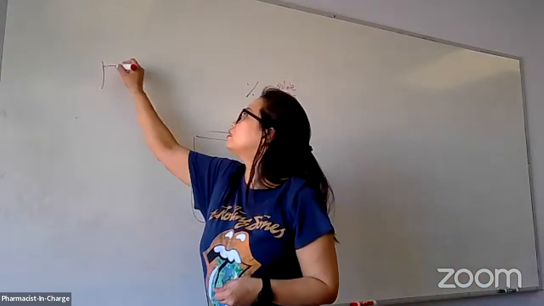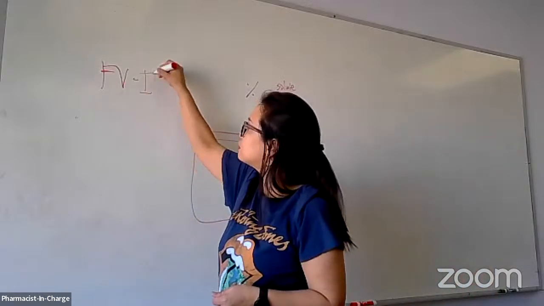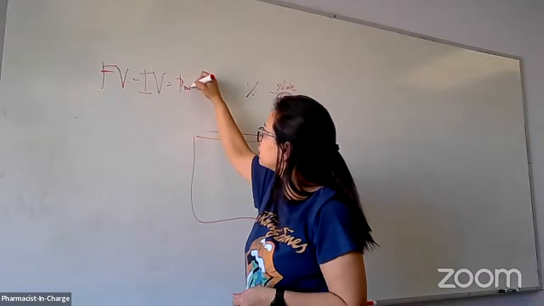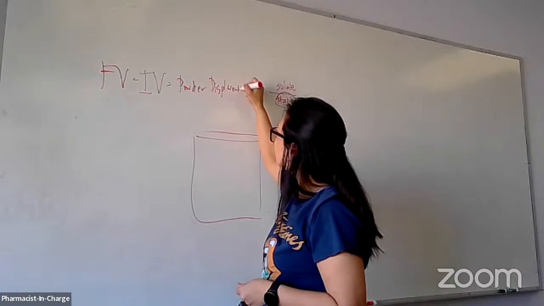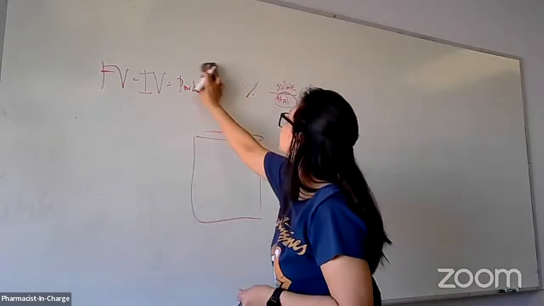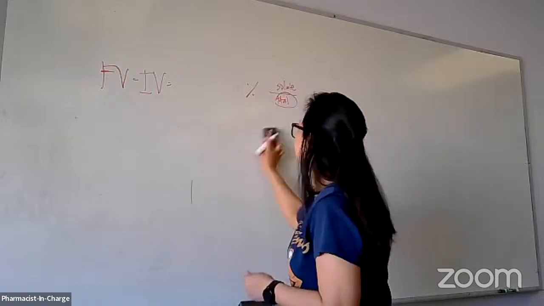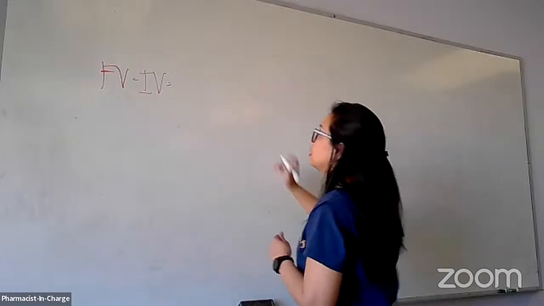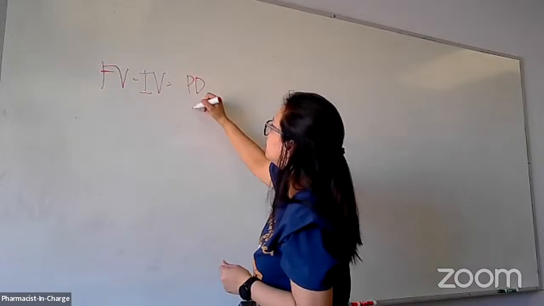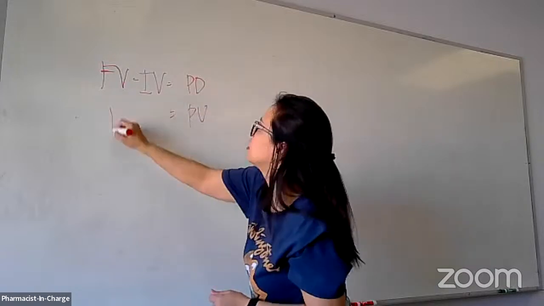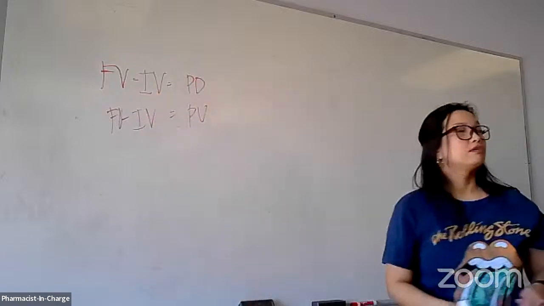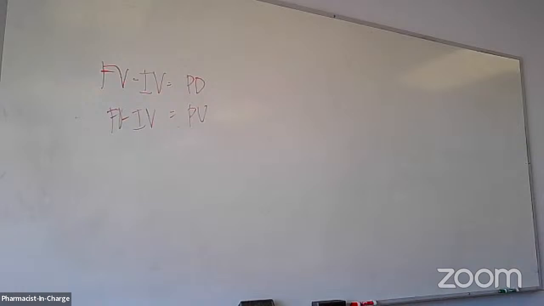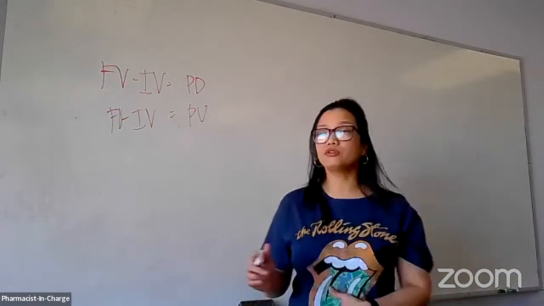Final volume minus initial volume is your powder displacement or your powder volume. So final volume minus initial volume is your powder displacement or powder volume.